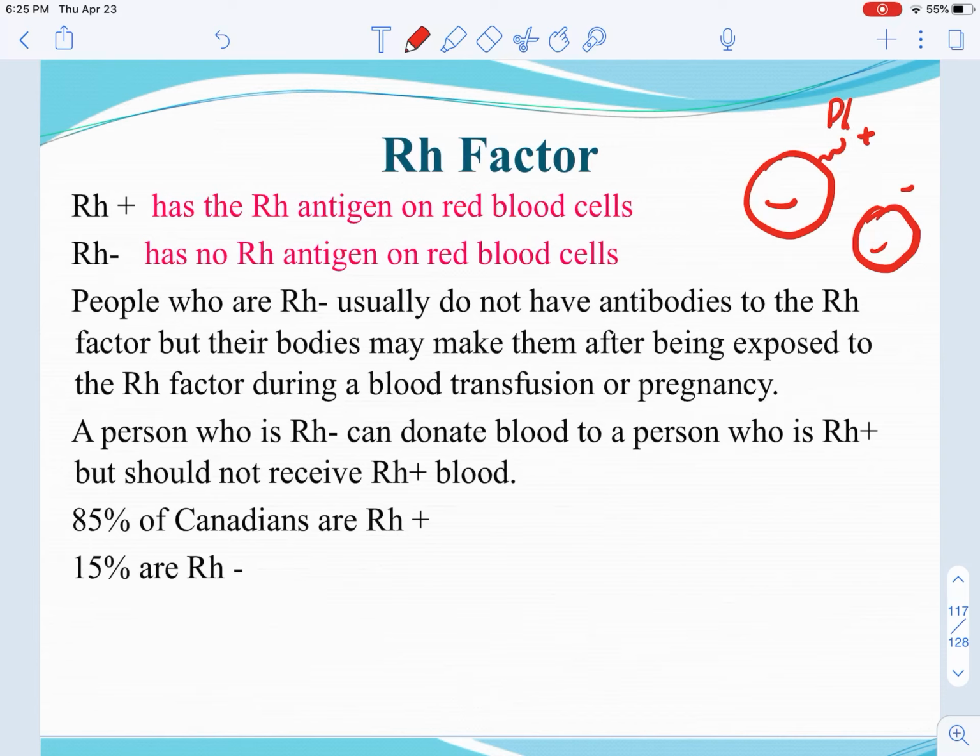So if you have it, you're positive. If you don't have that extra marker, you would be Rh negative.